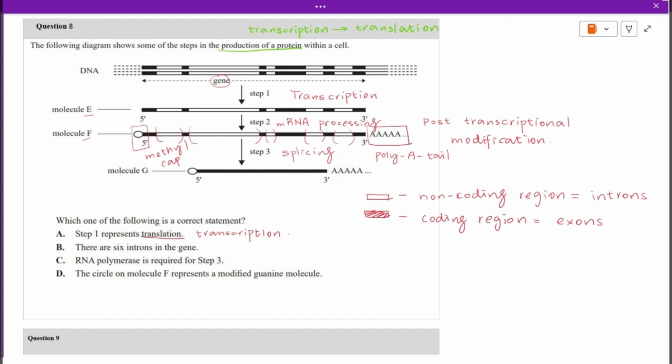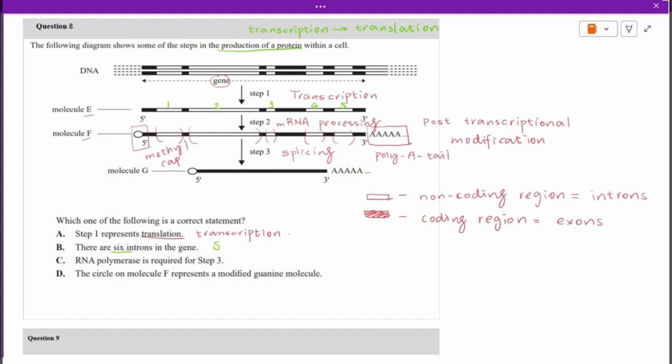So let's have a look at the molecule E and then count how many white regions are there. So we got 1, 2, 3, 4, 5 different white regions. But the option suggests that there are 6 introns, which is incorrect because we have just counted and there's only 5 introns.